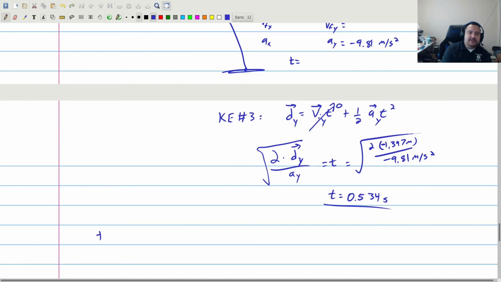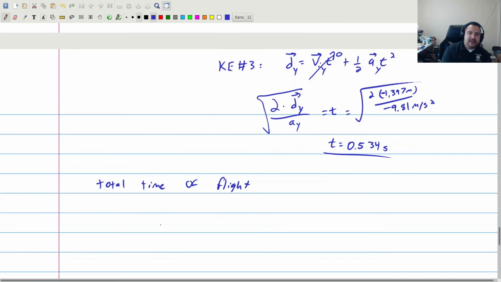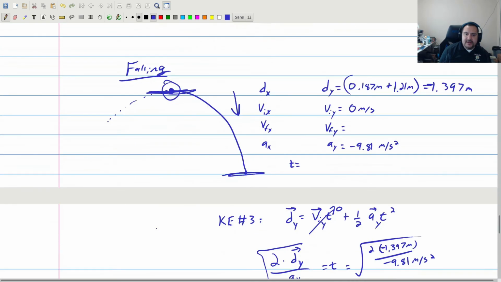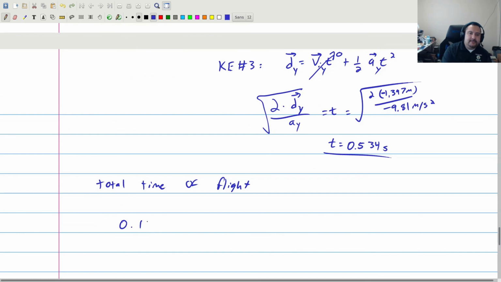So now we need the total time of flight. Well, this is easy. Just add the rising time plus the falling time. What was my rising time? 0.195 seconds, plus 0.534 seconds is equal to 0.729 seconds.